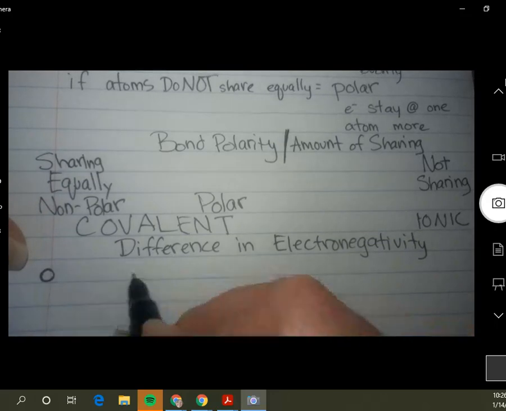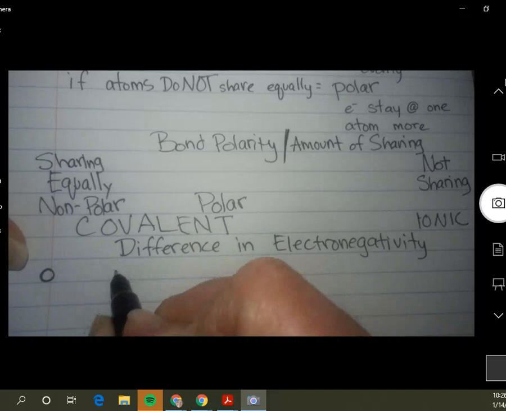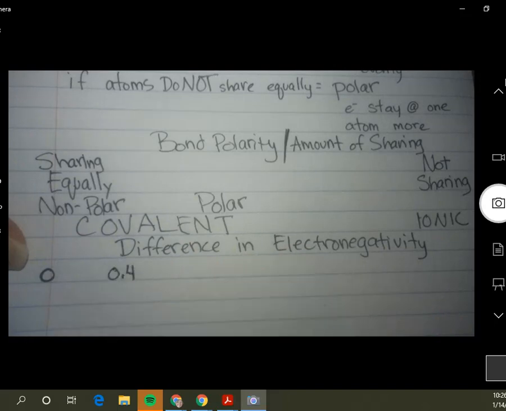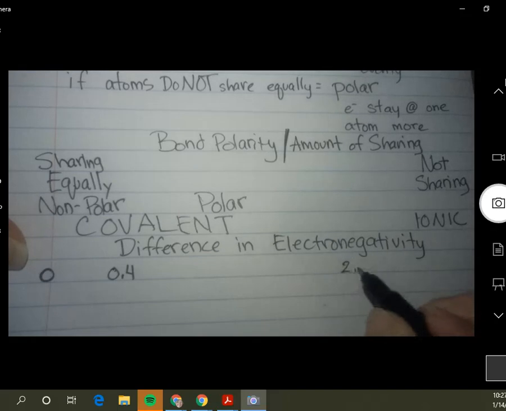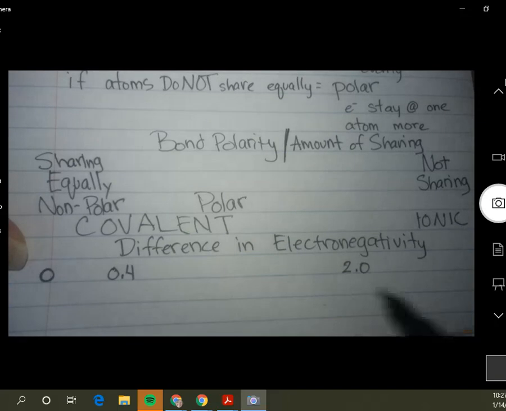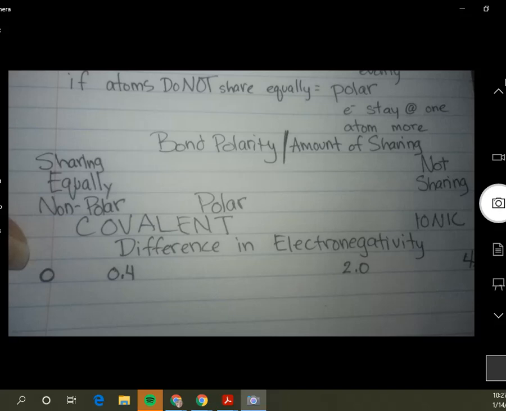Once we get up to a difference of 0.4, then we enter into the polar range. And that's going to go all the way up until 2.0. And the biggest difference you can have is 4.0.